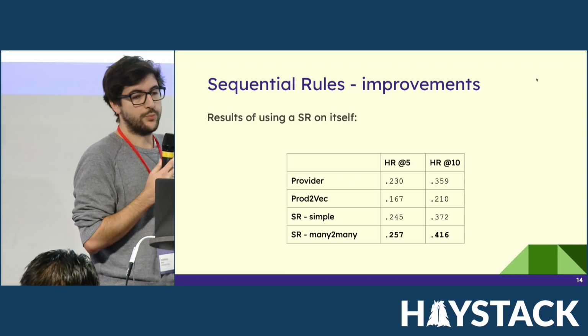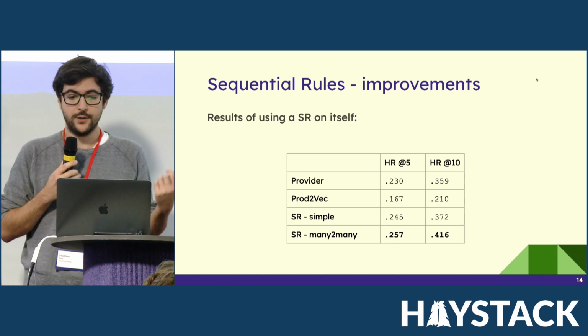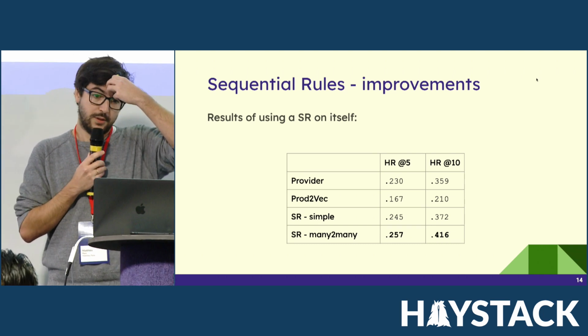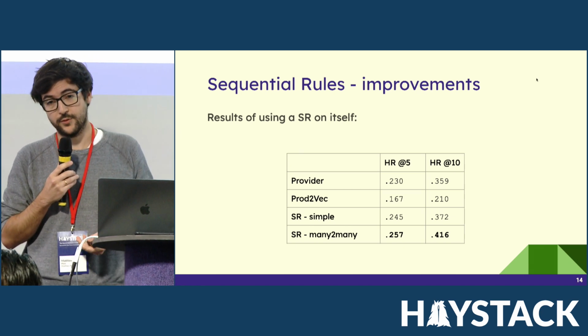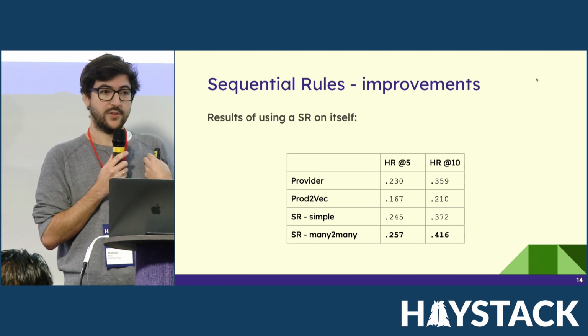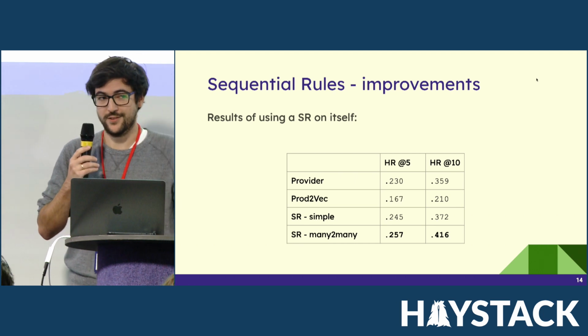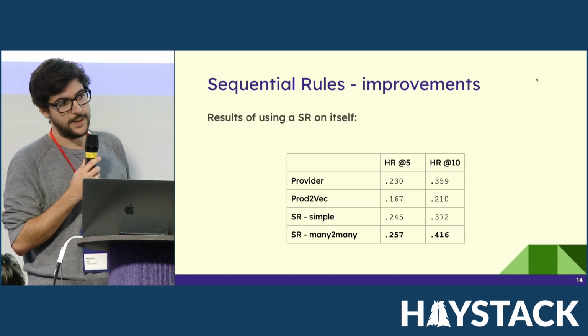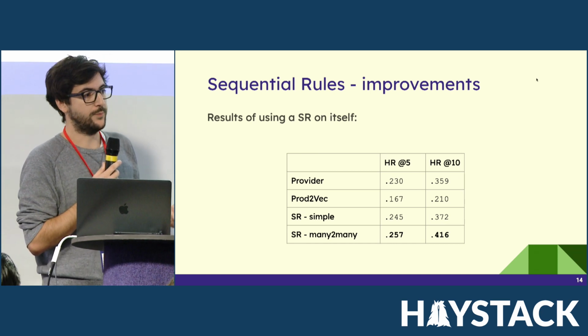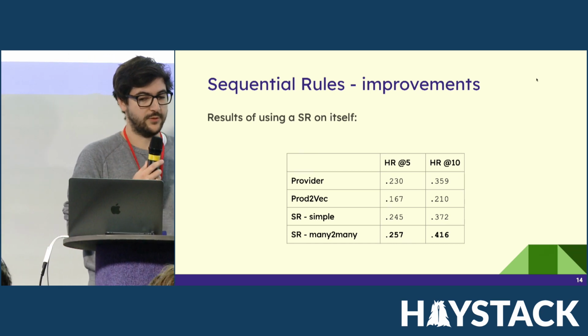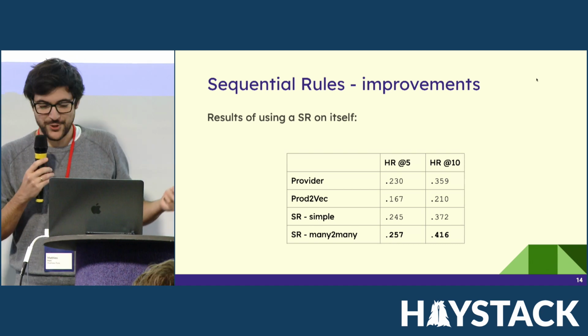There are other improvements you can make. For example, while you let it train, you can also add TF-IDF. What happens, for example, for us is that the iPhone 6 and 7 are very popular products, and they are going to end up in a lot of sessions. Even if some people were looking at books, they're just going to check the price of the iPhone 6 just to see.